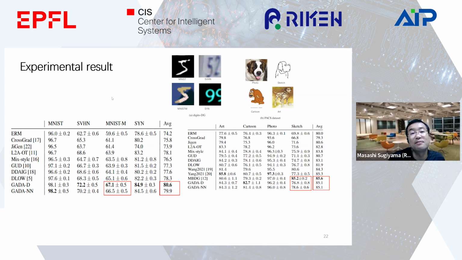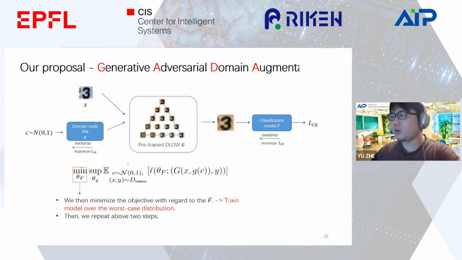Are they also the same? Actually, in our training objective, we do not involve other hyperparameters. We only have one hyperparameter to balance the trade-off between the model trained on the worst-case distributions and the model trained on the original training data.